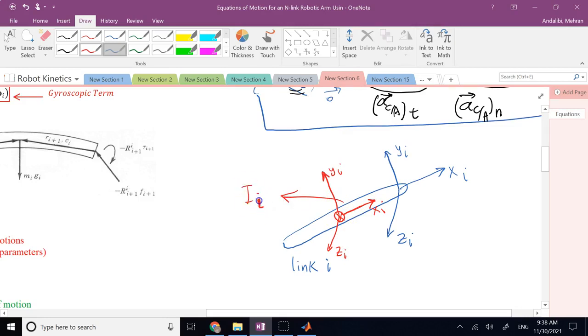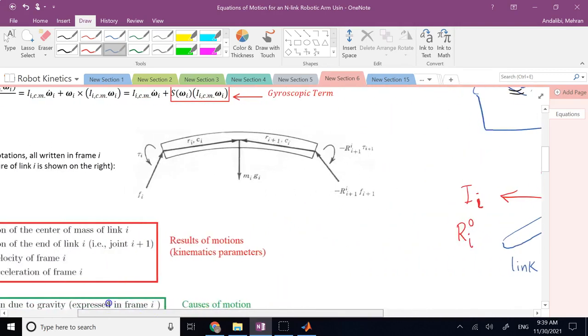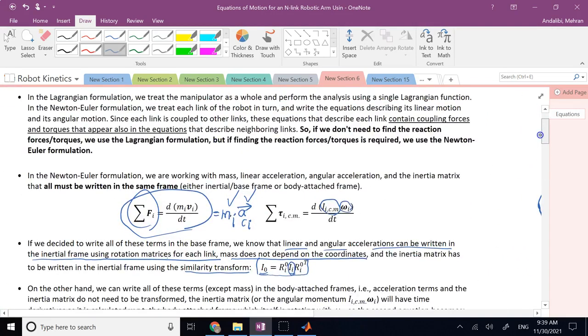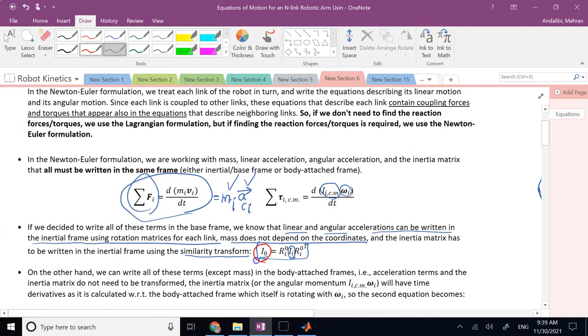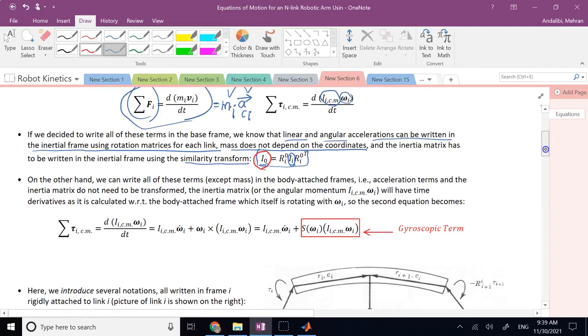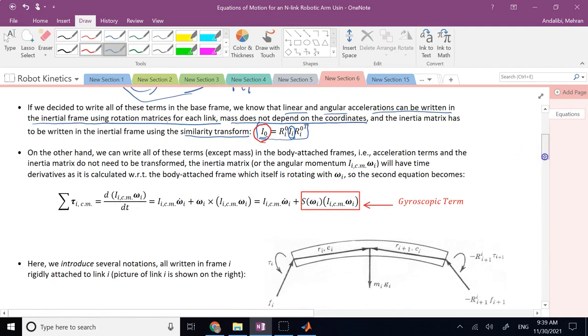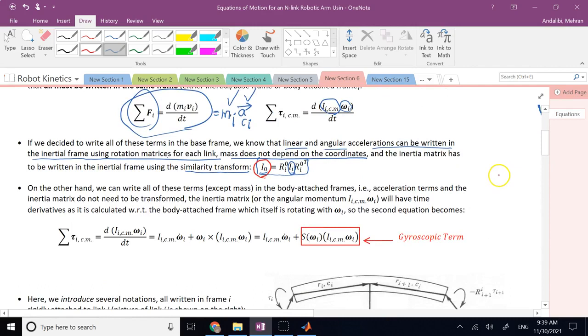And now you use the pre and post multiplication by the rotation matrix of this link I with respect to 0. You use that, and then using the similarity transform, you calculate the moment of inertia matrix for that link, but in the base frame. Okay, so this is everything if you want to do it in base frame. On the other hand, many times it's easier to calculate many of these entities in the body attached frame. You might say, why? Well, the reason is this.